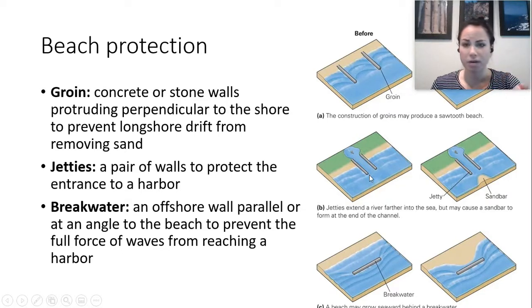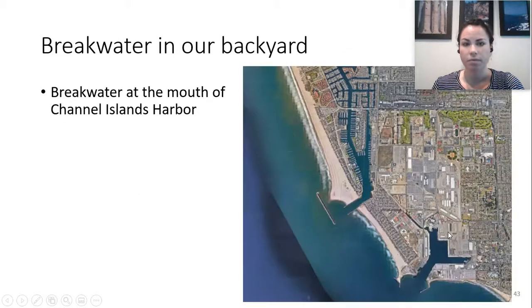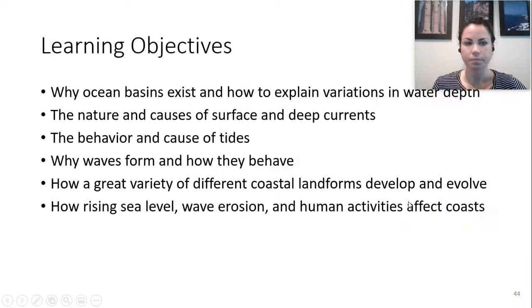What's most common here in Southern California for a lot of our harbors is a breakwater. This is an offshore wall parallel or at an angle to the beach to prevent the full force of waves from reaching a harbor. Here is the Channel Islands Harbor, and here's an example of the breakwater at the mouth. This prevents waves from entering the harbor or causing erosion near the harbor.